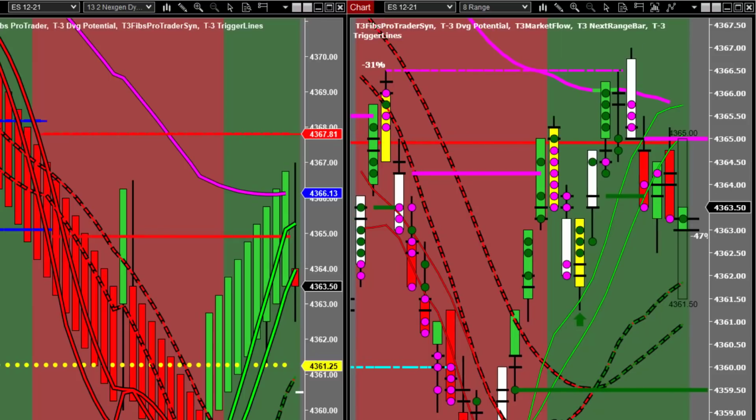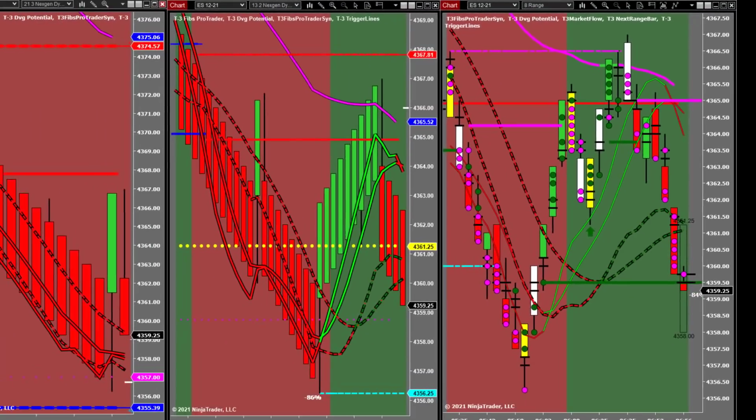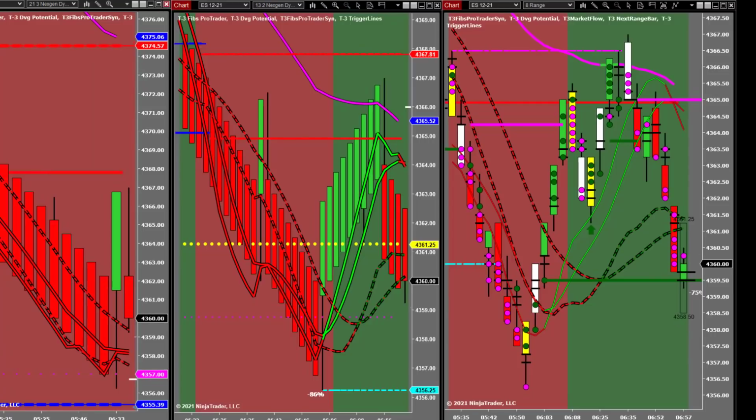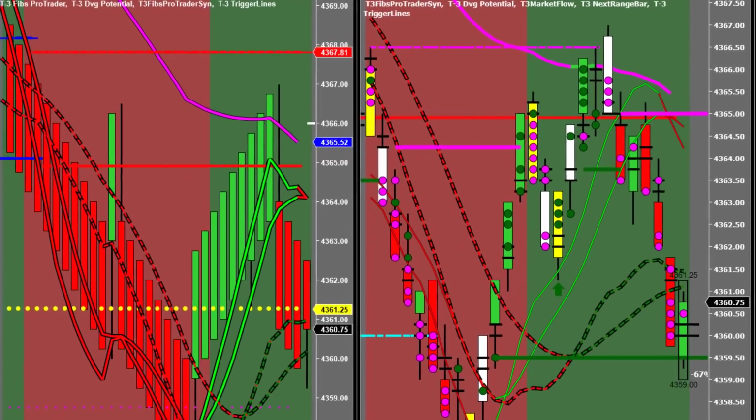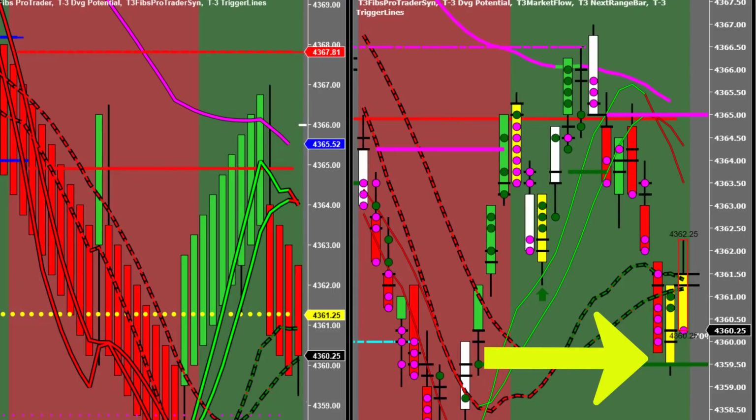You'll see some of our traders in the chat room be a little bit more assertive at the edges with the high volume lines, even when the triggers aren't rolling. So anyway, that's an example of what a high volume trade would look like if the triggers were a little more favorable. Generally, those that do the more assertive trade will also exit at a high volume area of support at the bottom.